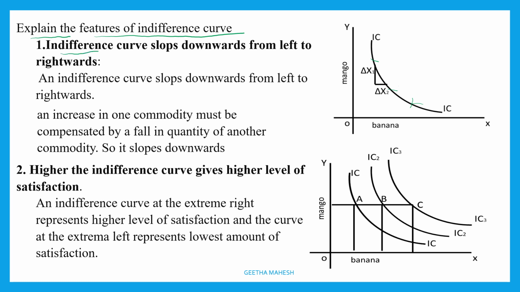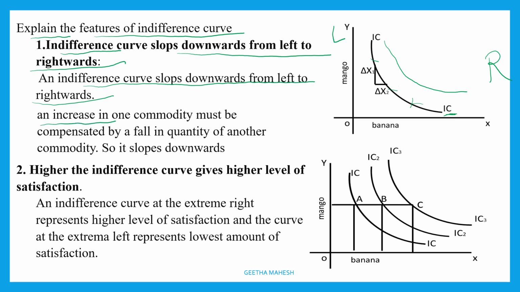So the first one is, indifference curve slopes downwards from left to right. You can see, always we read the diagram like this, from left side to right side. You can observe the IC curve, indifference curve, slopes downwards from left to right.